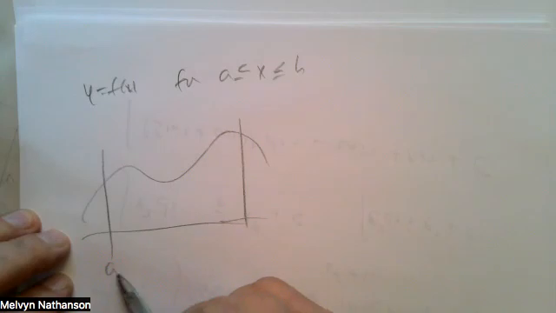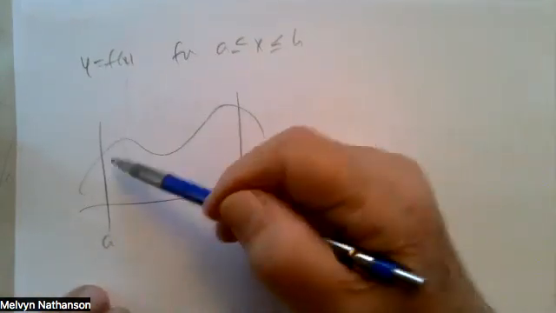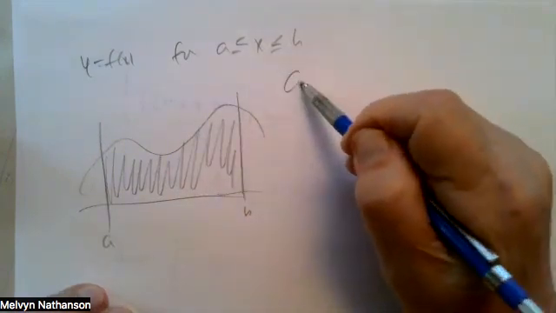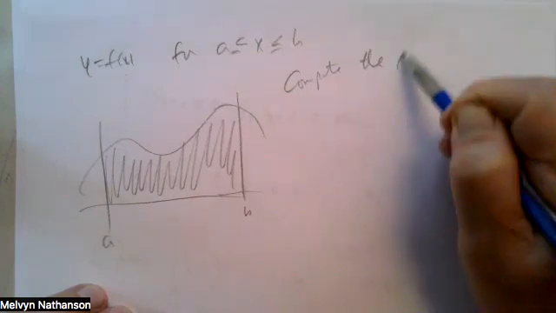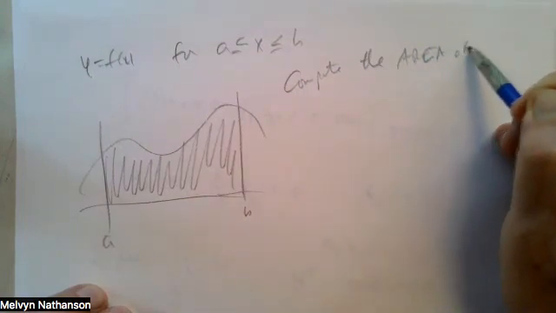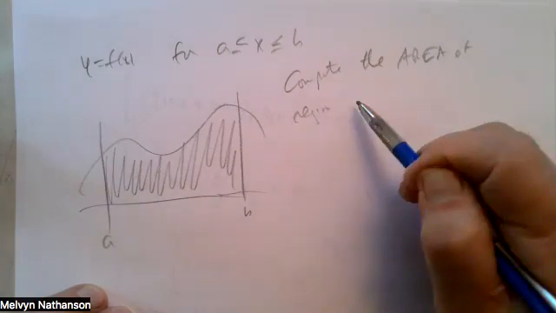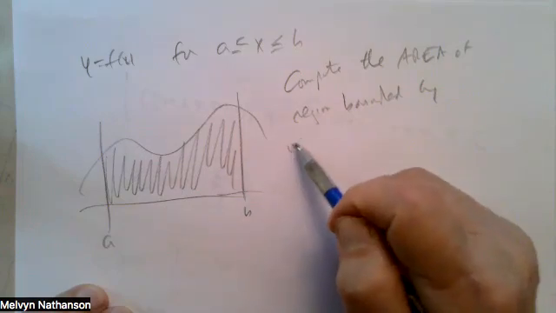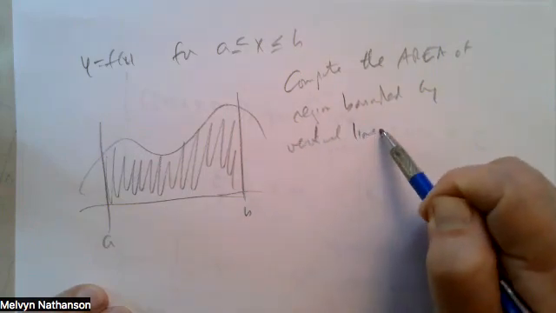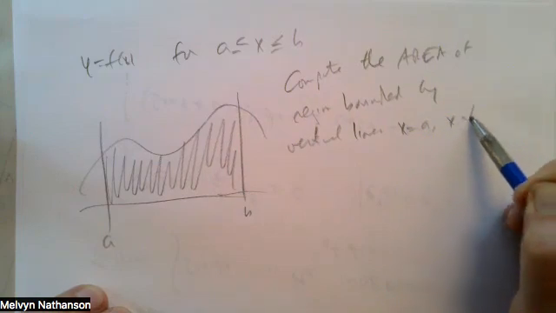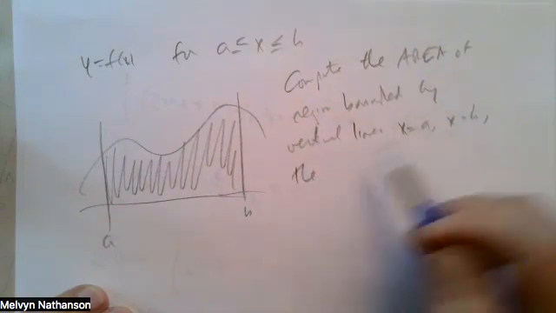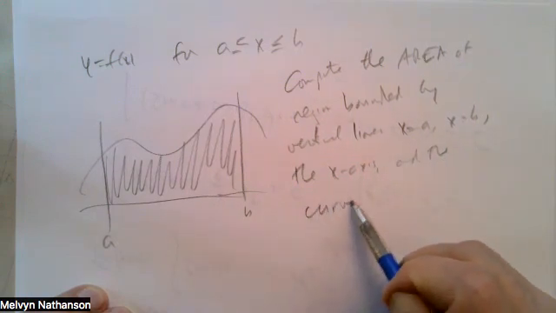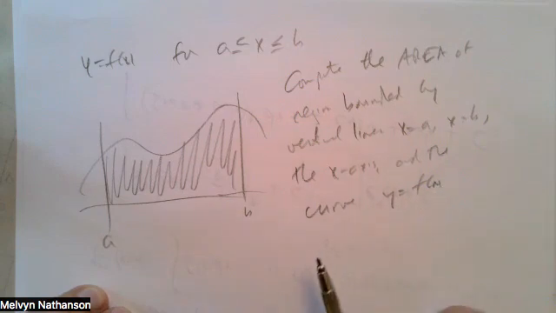So let's say this is x equal a, this is x equal b, and we want to compute the area of the region bounded by these vertical lines, x equal a and x equal b, the x-axis, and the curve y equals f of x.